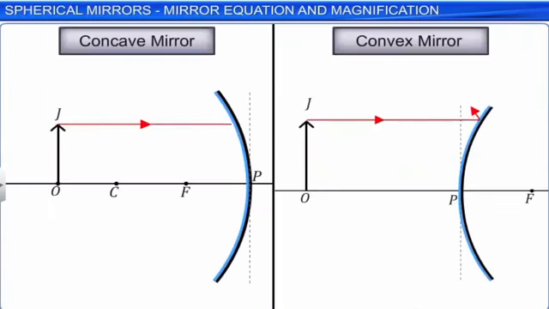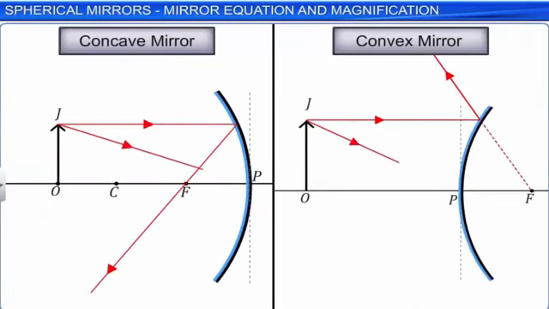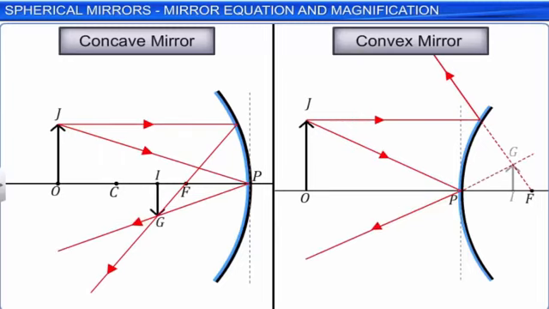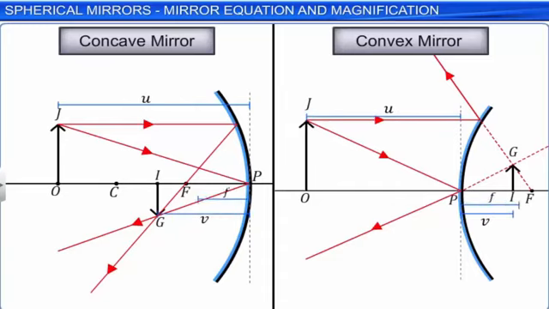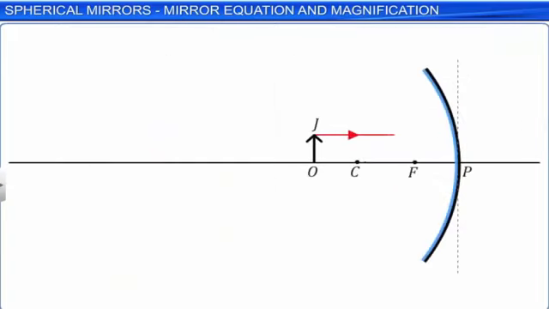The mathematical relationship between an object distance u, image distance v, and the focal length f of a mirror is called the mirror equation.